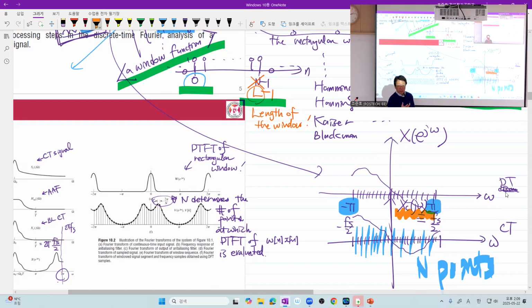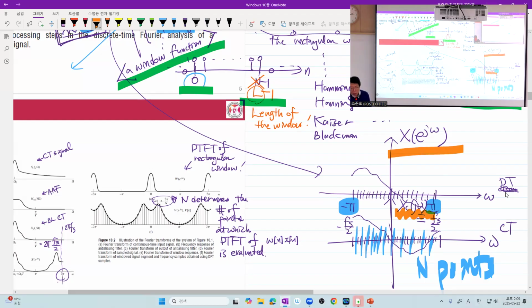The output signal has a folded spectrum with folding period equal to 2 pi over capital T when it is in radians per second, or 1 over T when the frequency is in hertz. So you have some spectrum that is repeated with period f sub s.